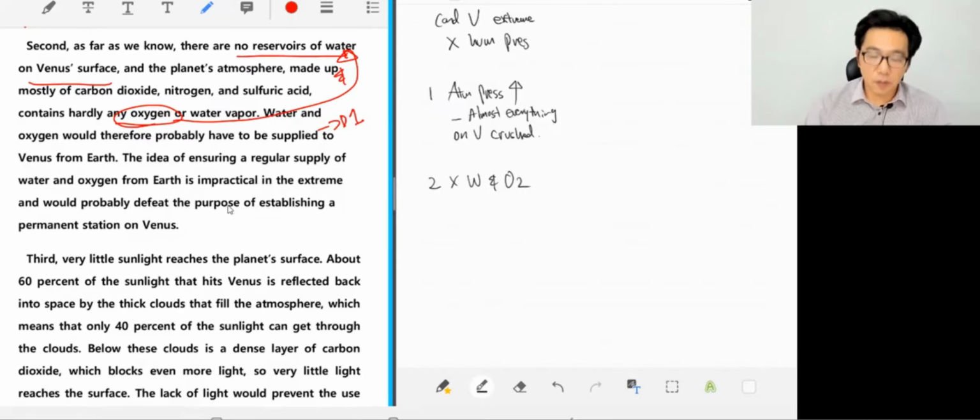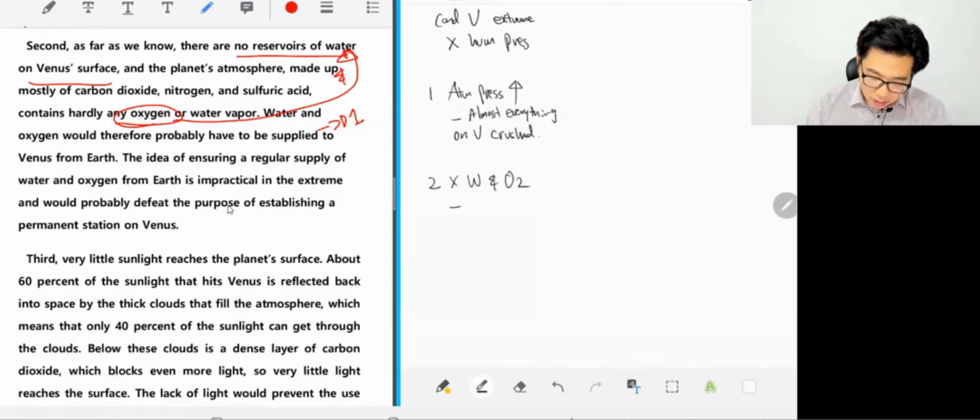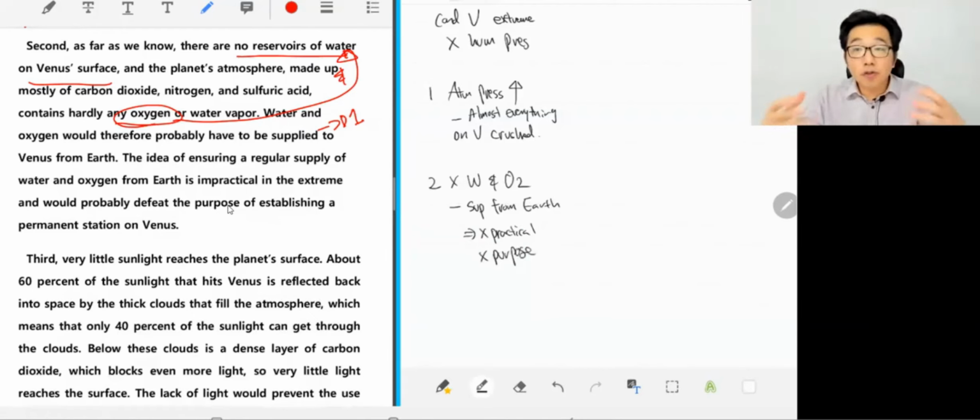So: not much or no water and oxygen, so it will probably be supplied from Earth, and this is not practical and defeats the purpose of trying to create human presence.